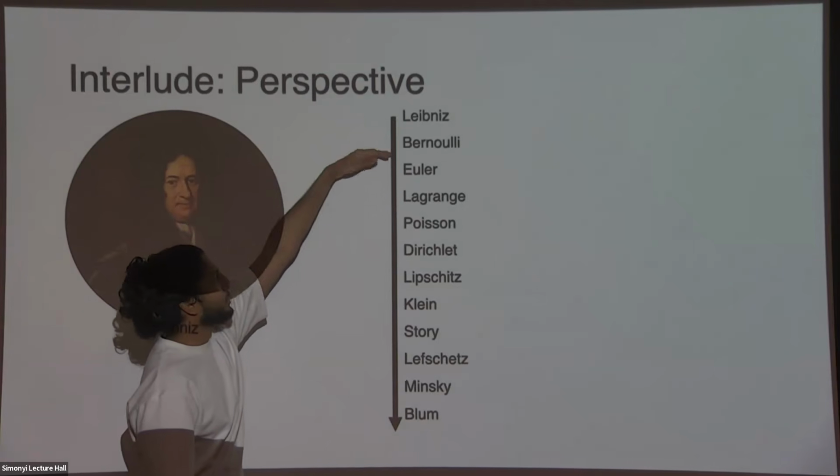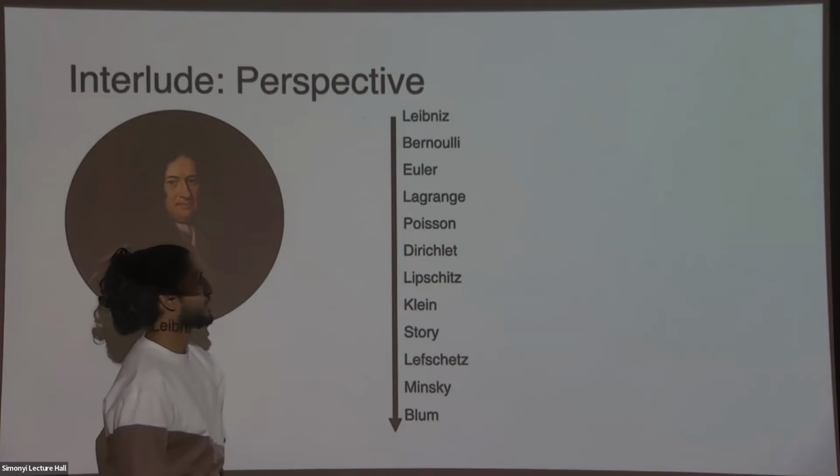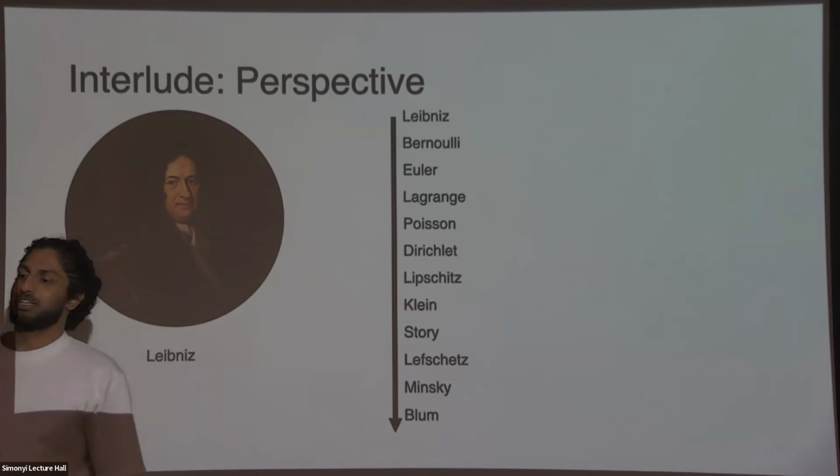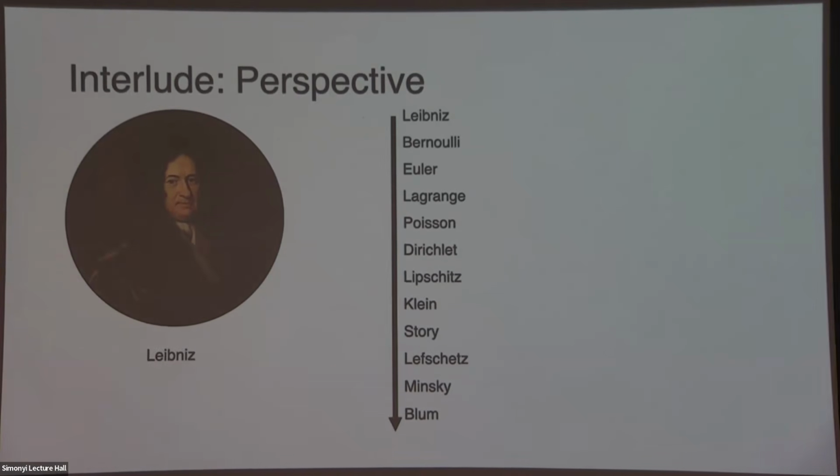You go from Leibniz, Bernoulli, Euler, Lagrange, Poisson, Dirichlet, Lipschitz, Klein, Story, Lefschetz, Minsky, Blum, and from Blum, I think you go to Sipser, you go to Rahul, other Rahul, and then you go to Hanlon. But you missed some greats. Would miss some what? Great. Oh, yeah. I should have put a great.